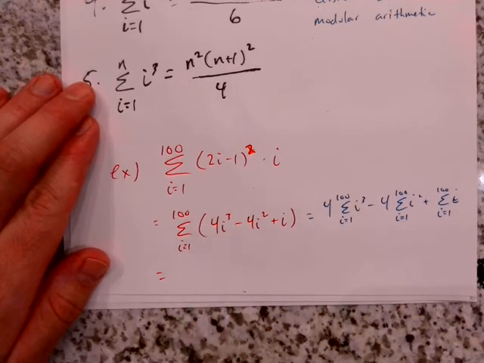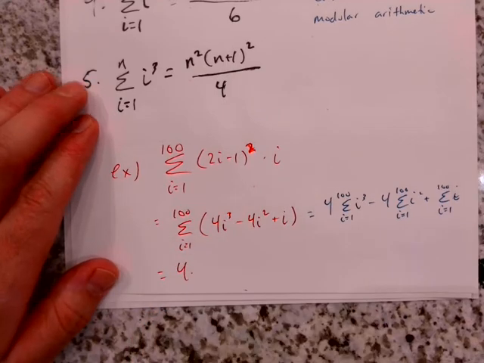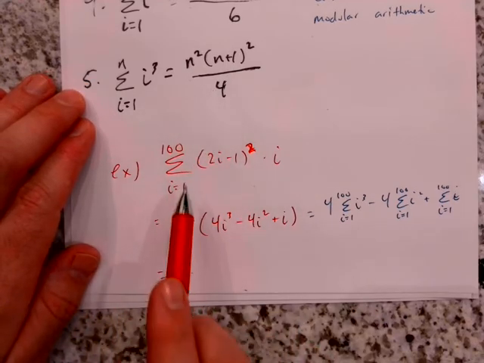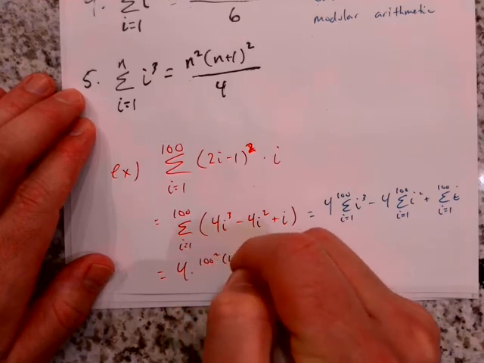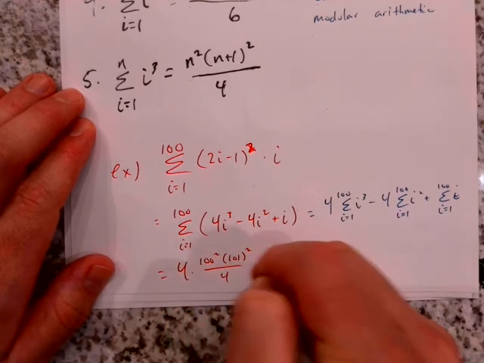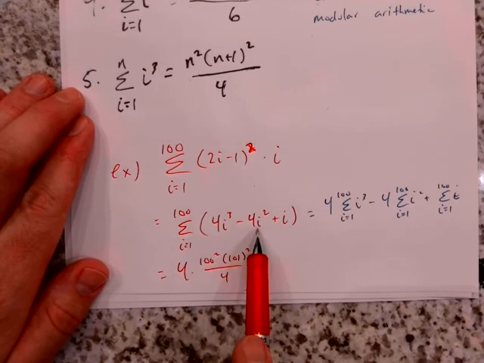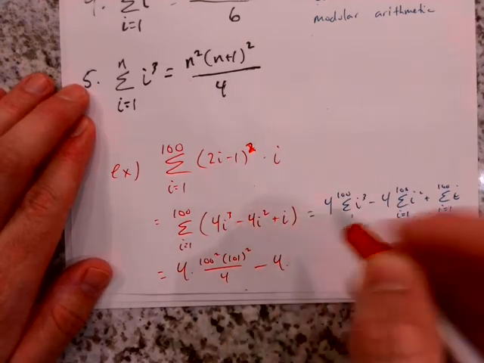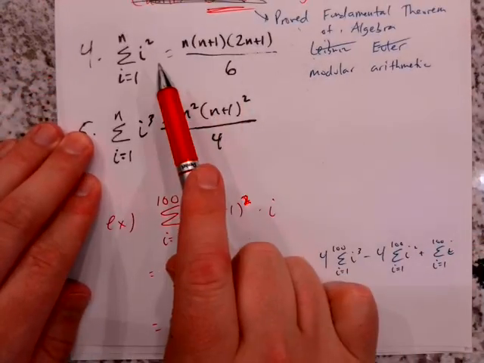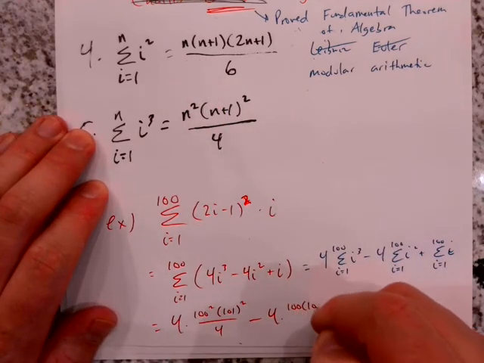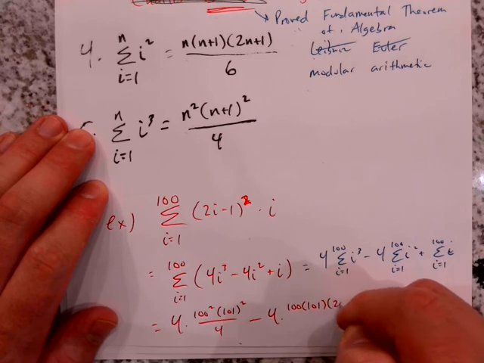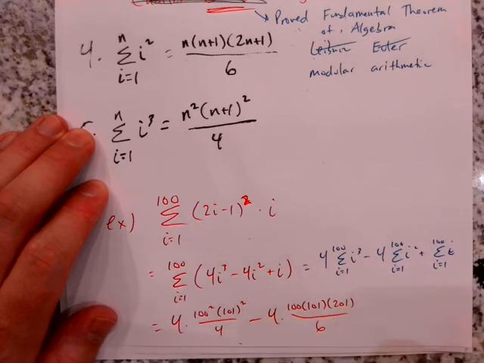The sum of 4i cubed is 4 times the sum of i cubed. n is 100 here, so it's 100 squared, 101 squared over 4, minus the sum of 4i squared is 4 times the sum of i squared. n is 100, so it's 100 times 101 times 201 over 6.